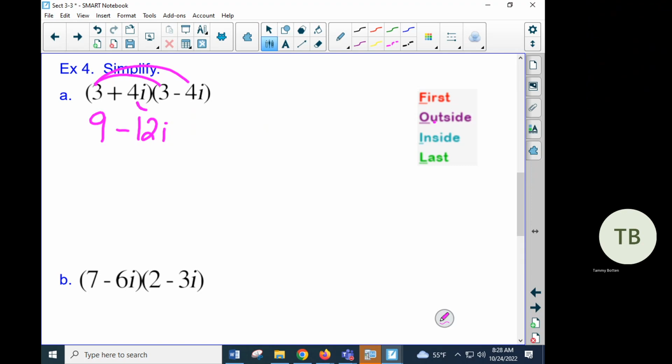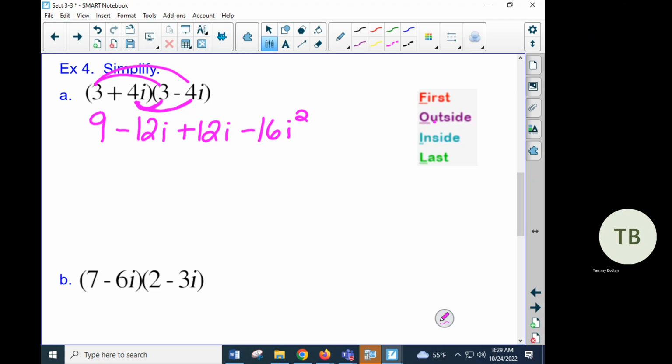Then we're going to do inside, which is these two, which is going to be plus 12i. And then L for last would be these two. 4i times a -4i is going to be -16. I times I is i squared.